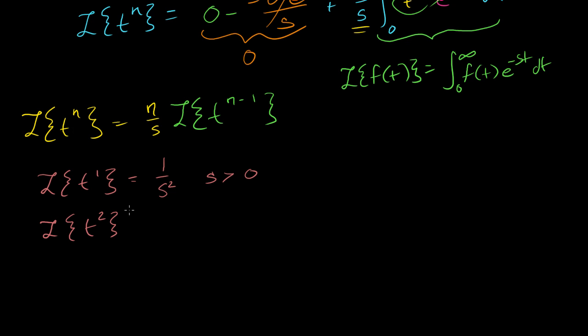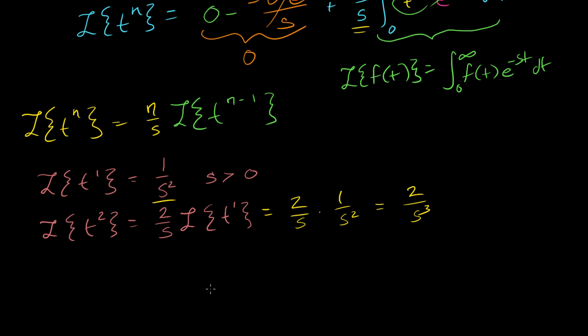The Laplace transform of t squared is equal to 2 over s times the Laplace transform of t to the 1, right? 2 minus 1. Well, we know what that is. This is equal to 2 over s times 1 over s squared, which is equal to 2 over s to the third. Interesting.